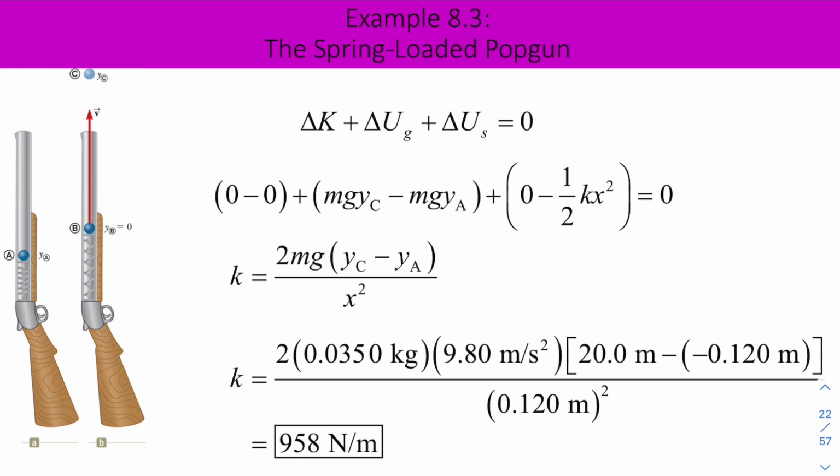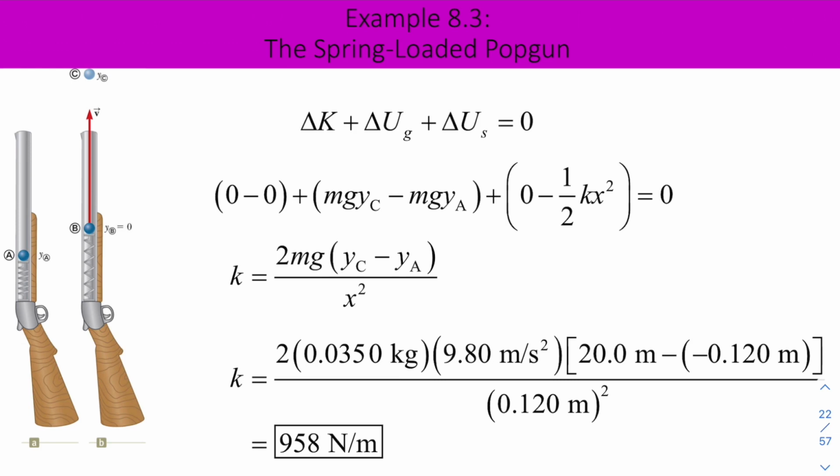Kinetic energy starts from rest and finally is also at rest, because at maximum height it will stop for a moment, so both will be 0. Kinetic energy initial 0, kinetic energy final 0, and potential energy final is mg y_C, minus potential energy initial, which is mg y_A.